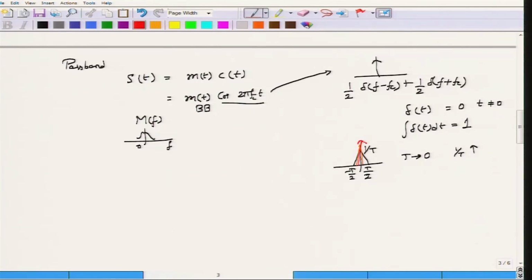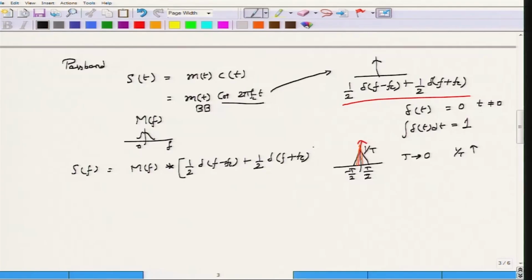Okay. So, this is an example of an impulse function, except that in this case the impulse function happens to be in the frequency domain, right. Now, when you find the Fourier transform of s of t, you will see that this would be s of f, and it is given by m of f, convolved with half delta f minus fc plus half delta f plus fc.